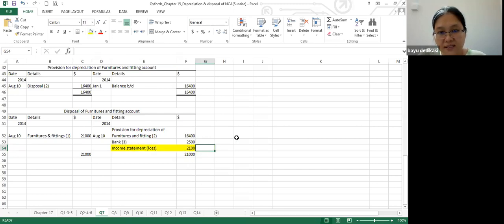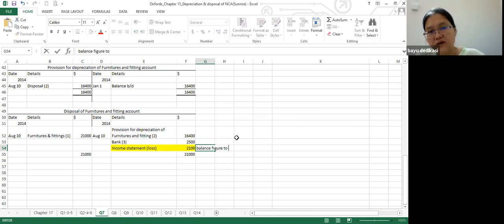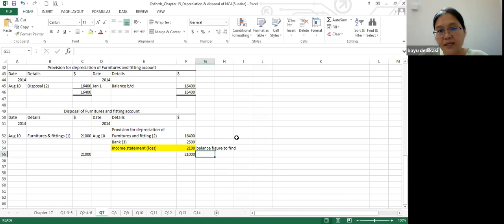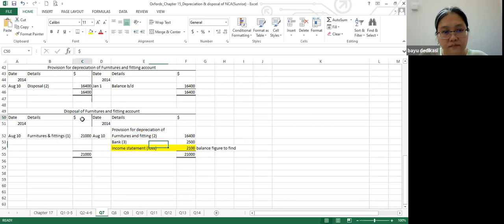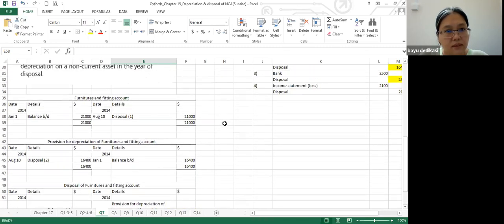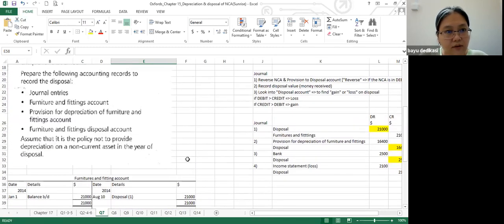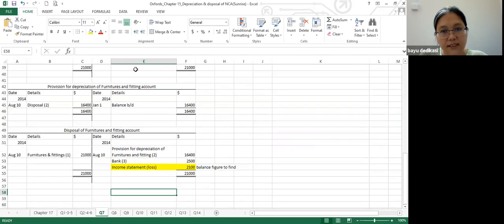So this is the balance figure to find, because it can be in here if your credit is more than the debit, but this question is a loss, so it's on the credit side. Okay, I think that's all for this one.